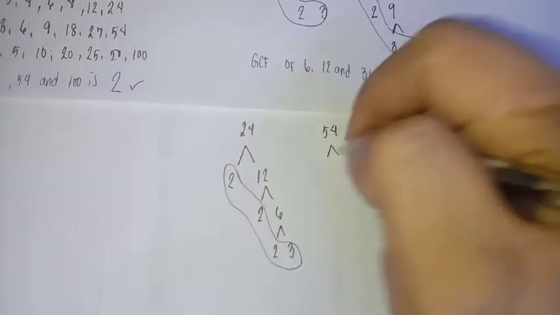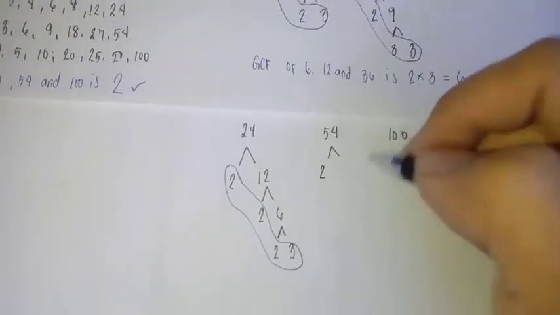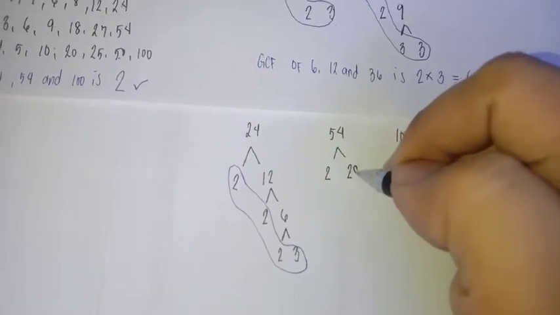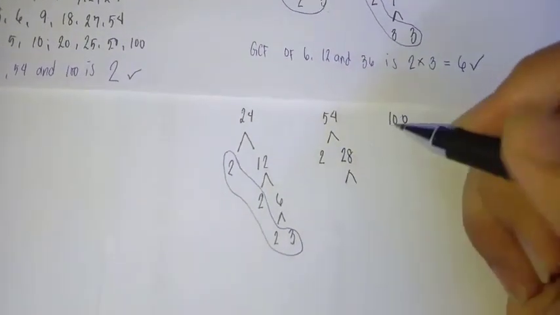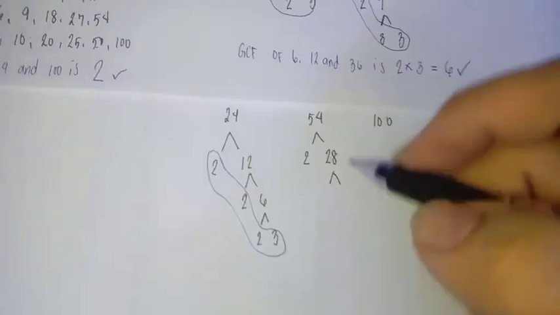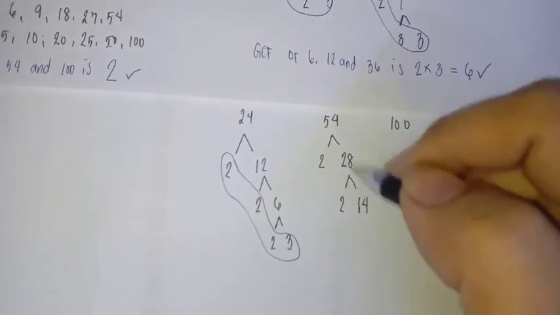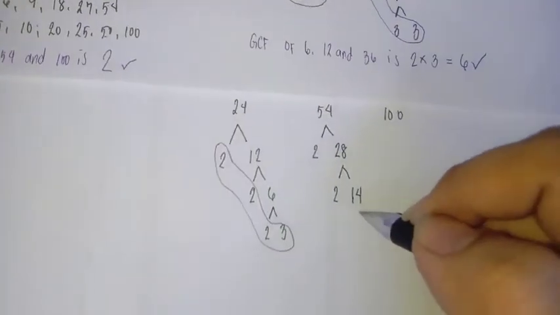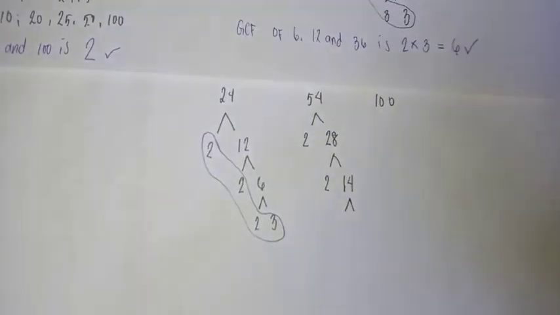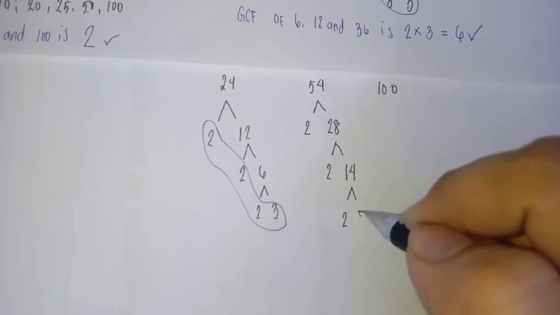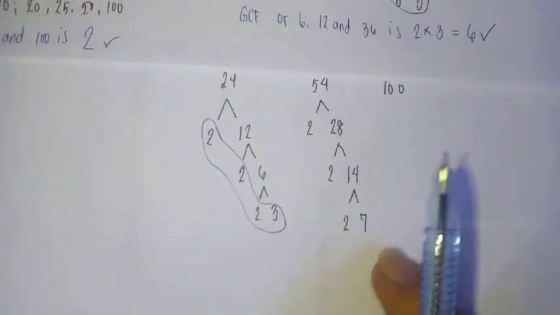Next, number 54. So we have 2 and 28. Okay? Then the factors of 28 are 2 and 14, since 2 times 14 is 28. 14 is a composite number, so we will factor further. So we will get 2 and 7. 7 is a prime number.